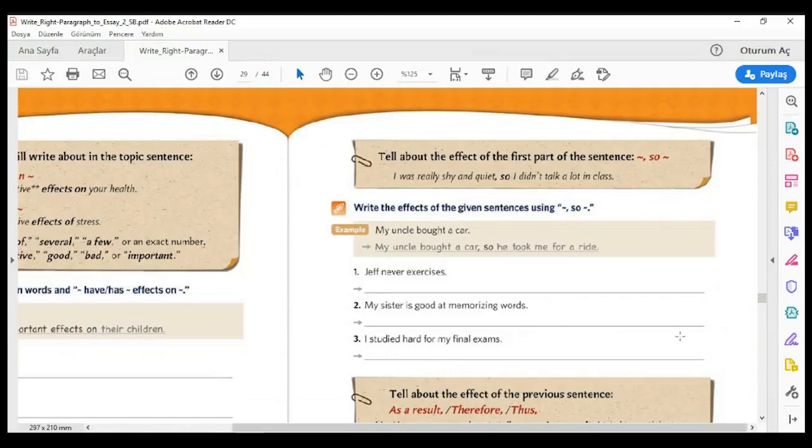I will give you 2 minutes. Okay, 1 more minute.